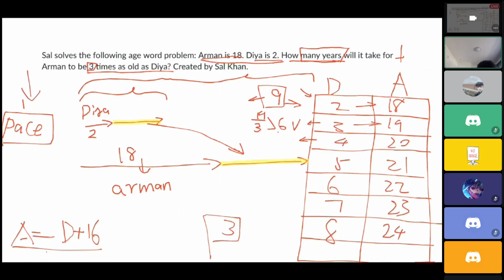And then 20 divided by 4 equals 5. 21 divided by 5 is greater than 4. Yes. I think as the numbers get larger and you divide, it's getting smaller.